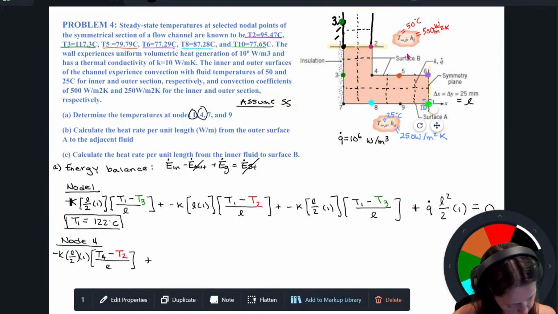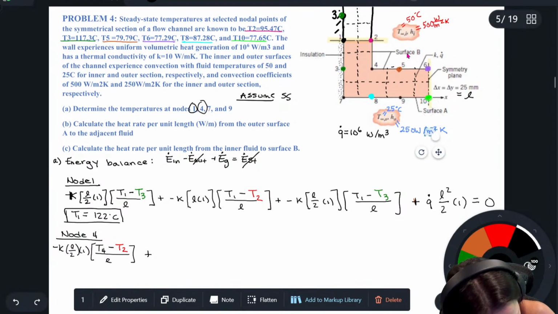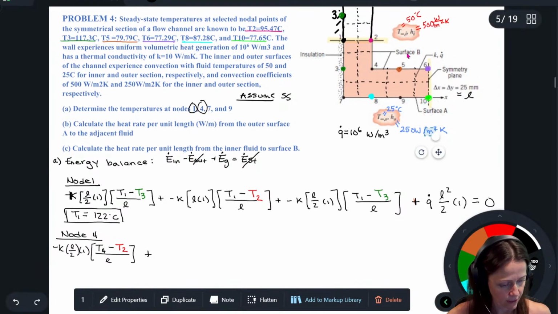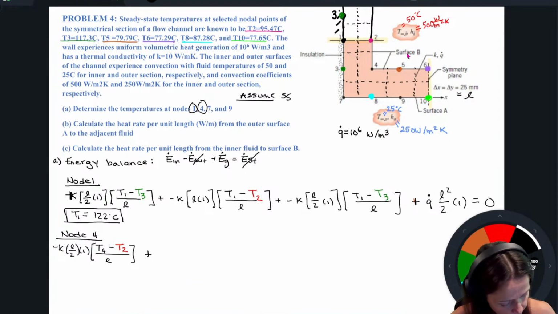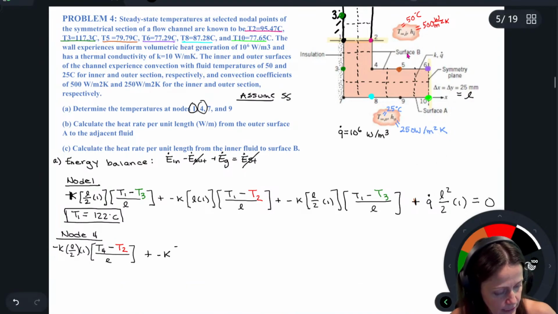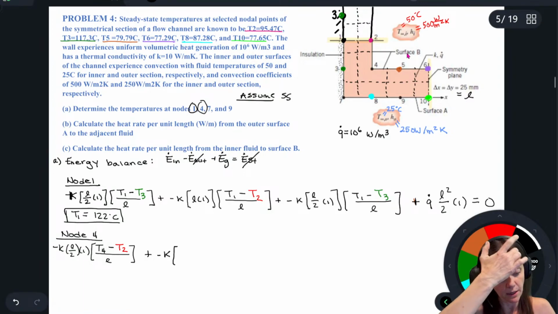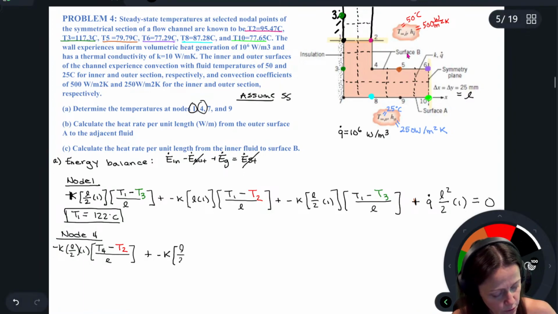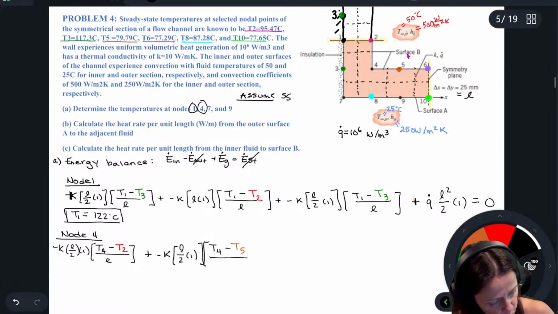All right, but back to node 4. So I have things coming from that direction right there. So I have negative K, and then times the area. This is going to be another half area, L over 2 times 1. And then it's going to be T4 minus T5 over L. Then I've got another one coming in here from 8.